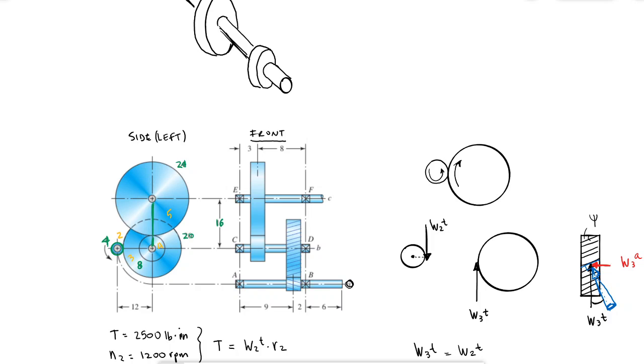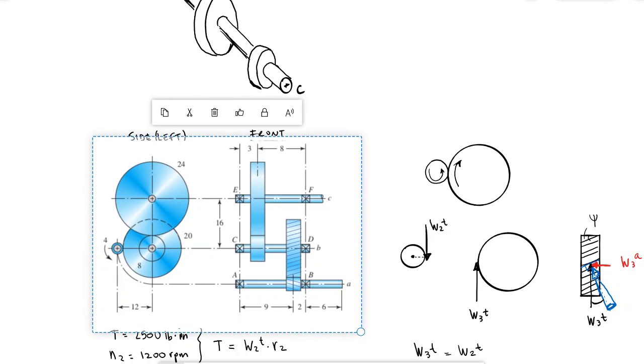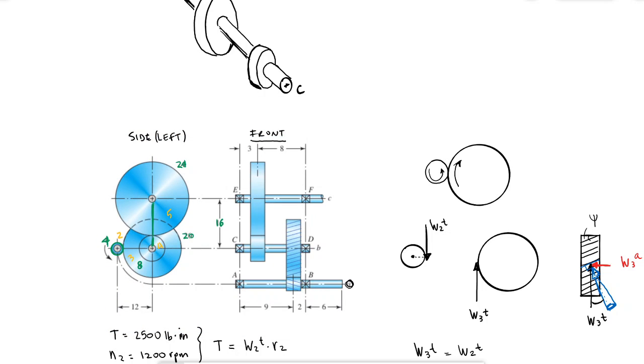So this is D, this is C. This would be gear 4, so I'm going to put a tiny 4 here and a 3 here.